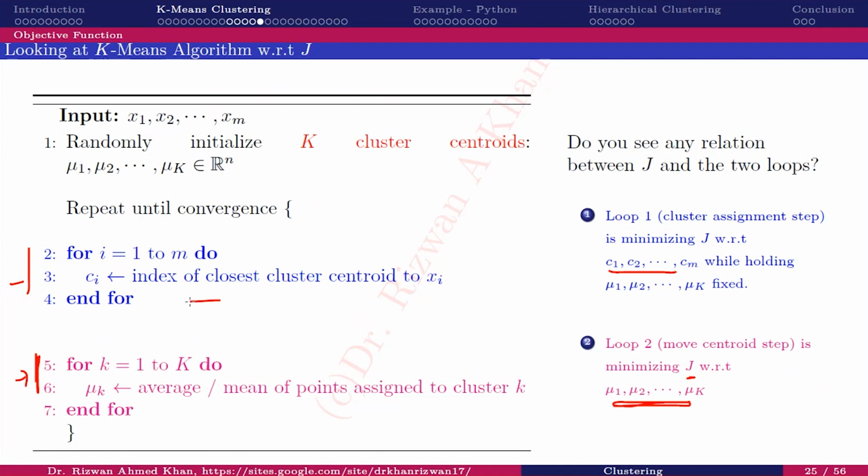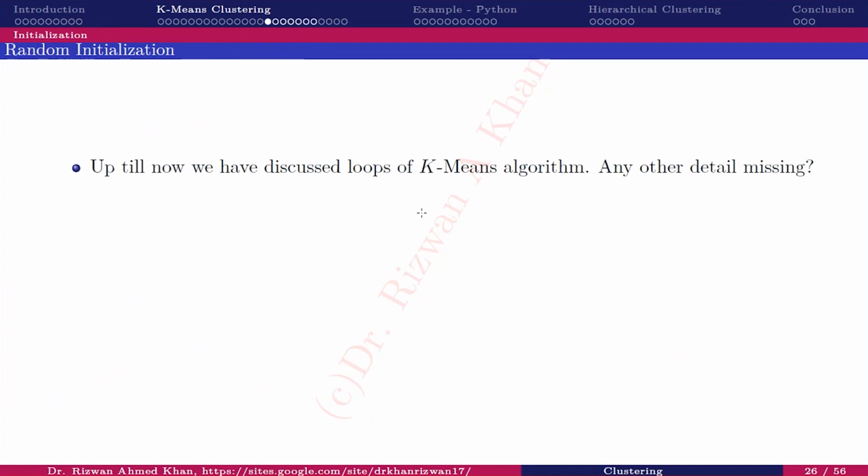In the first step, the centroids, the mu's, are constant, right? And in this step, we are varying the mu's while the values of the c's are constant. So in combination, these two loops minimize, in totality, the cost function of the K-means clustering algorithm.